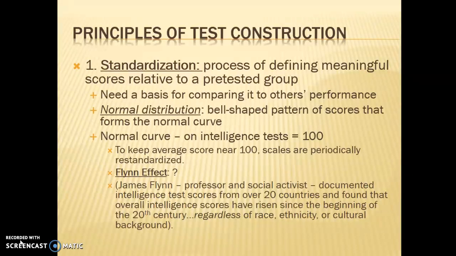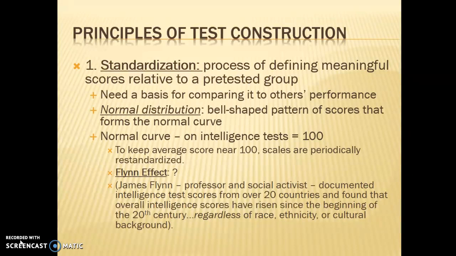Regardless of your race, ethnicity, or cultural background, on average, people's intelligence scores are rising. Like I mentioned in an earlier video, the average person's intelligence test score 80 years ago by today's standard would be a 76. If they took it 80 years ago, they would have scored 100, but that same performance on today's test would only be a 76.